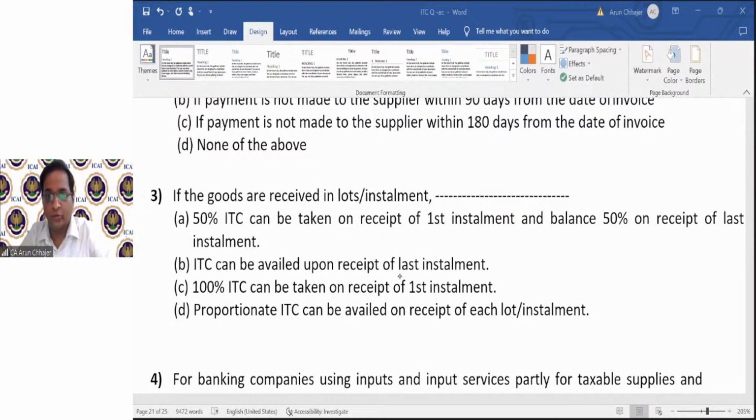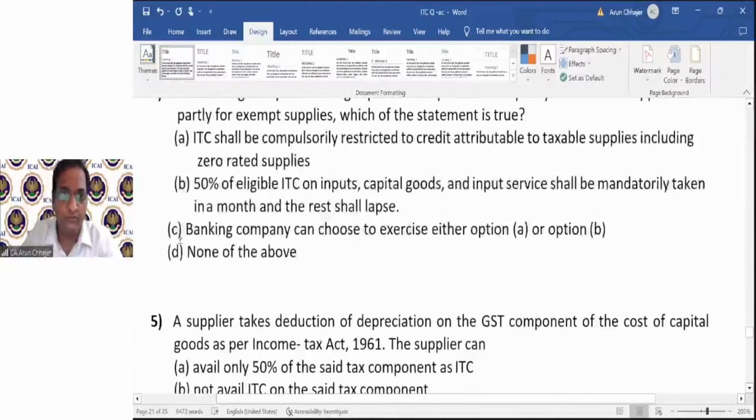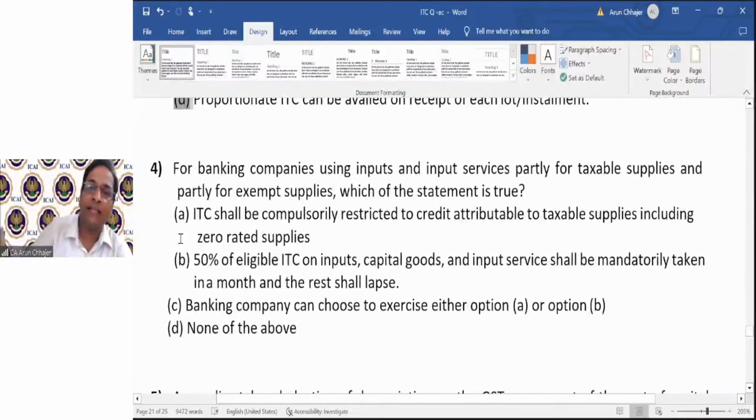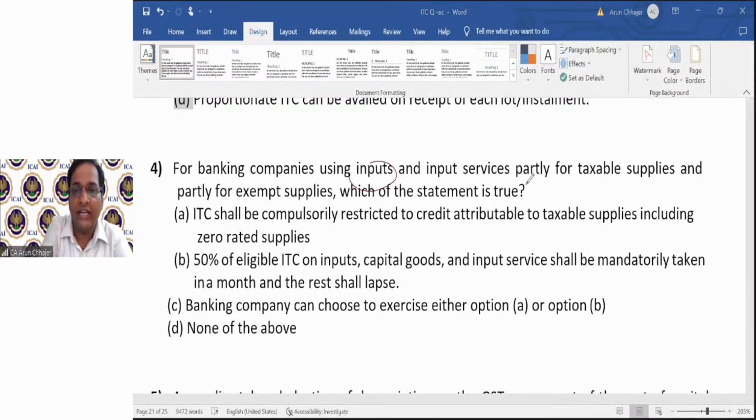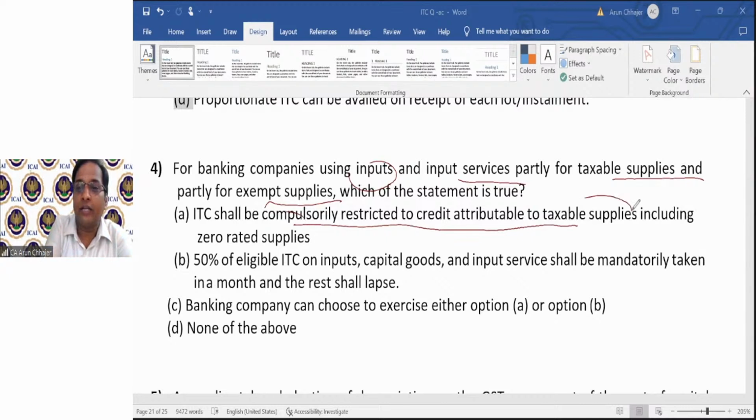ठीक है ना? चलो बच्चा आगे बढ़ते हैं. अभी नेक्स्ट फोर्थ क्वेश्चन, the banking company using input and input service partly for taxable and partly for exempt, which of the statements is true? Again Ishant, you already anticipated which question I was going to ask. ITC shall be compulsorily restricted to the amount attributable to the taxable supplies including zero rated. 50% of the eligible ITC shall be mandatorily taken in a month, rest will lapse.